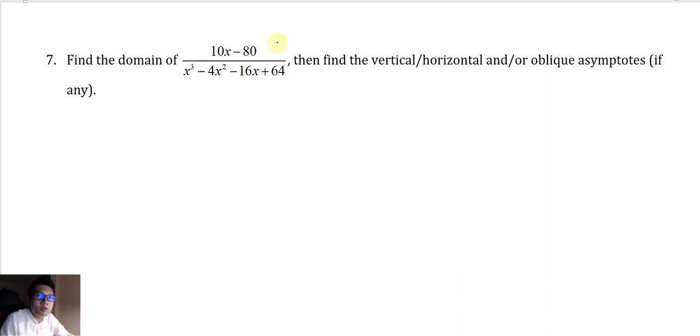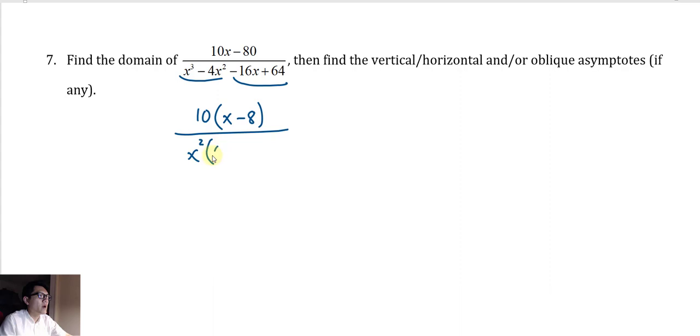vertical or horizontal asymptotes, the best way for any rational functions, polynomial functions, is to rewrite them in factored form. Okay, so for the factor at the top, I know that I can factor out the 10, x minus 8. At the bottom, factor by grouping. Between the first two, I can pull out the x squared, and I have x minus 4.